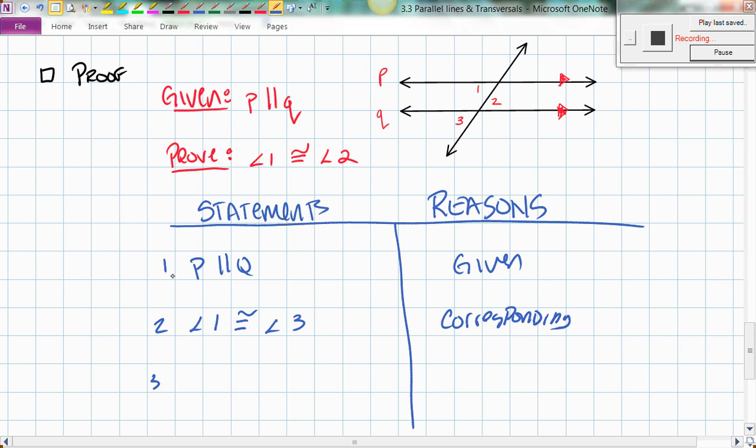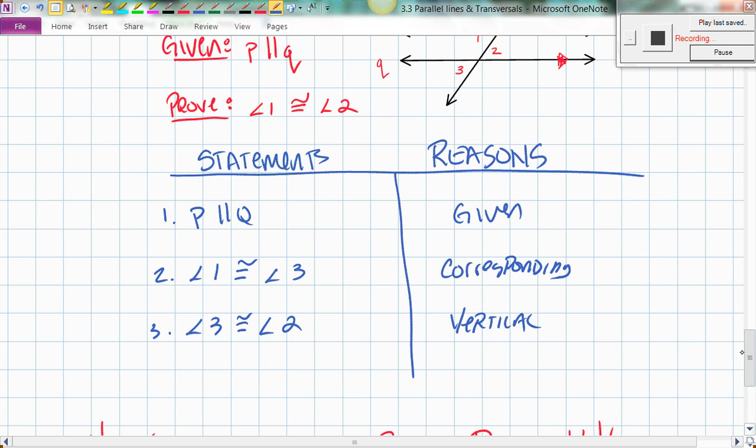What'd we say? Angle 3 congruent to angle 2. Why? They're vertical. And then finally, number 4, what? Angle 1 congruent to angle 2 by... Dude, you guys are kicking butt.